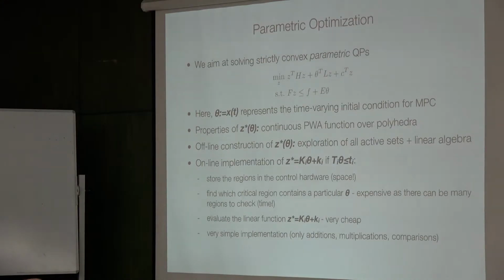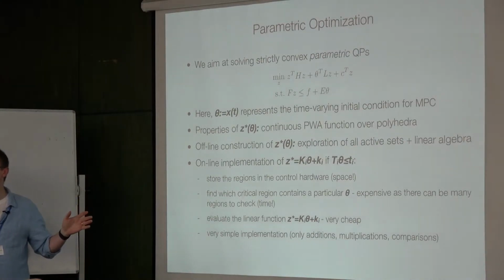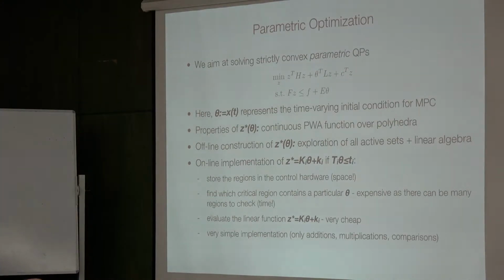Okay? Still, I would claim that for large or for a certain class of problems, it's about the speed where this accelerates over the active set method, because notice that at this point we are just basically checking linear inequalities. We are not doing any matrix inversions, nothing like that.